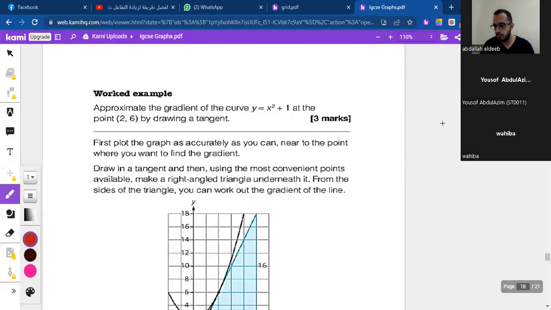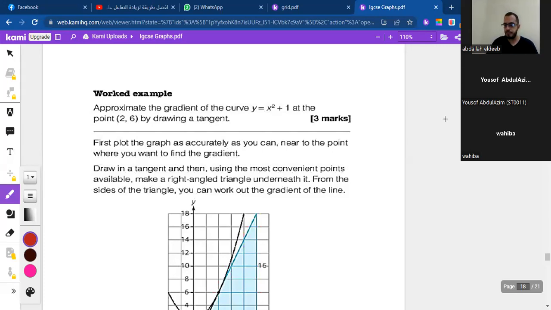x2 minus x1 over y2 minus y1. When we find the gradient of a line, a straight line is different from a curve, because in a straight line, at all points the gradient is the same, no difference.